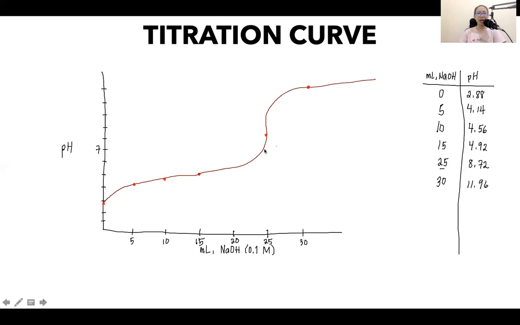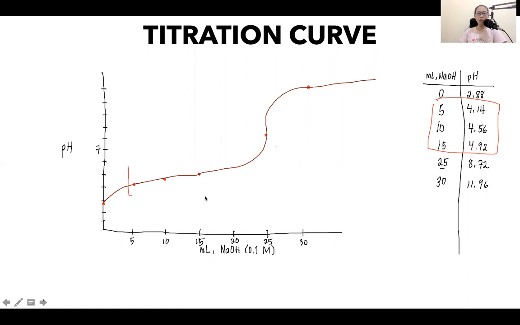If you notice, I followed a certain shape. It's because, again, I mentioned that titration curves have a distinct shape. This is what we describe as a sigmoidal curve. So you have inflection points there, right? And I highlighted the buffering region here. That's from 5 to 15 mL because the pH did not change drastically.